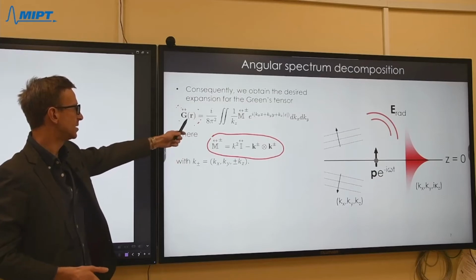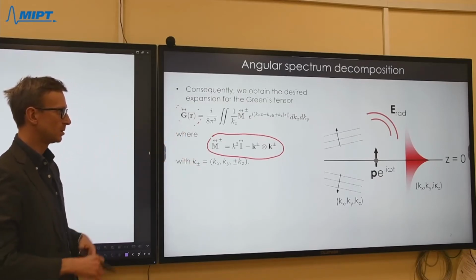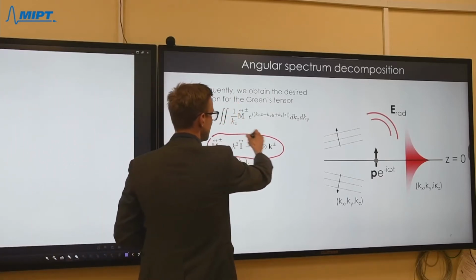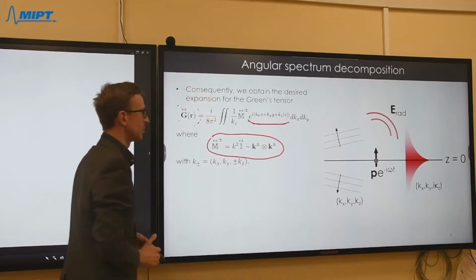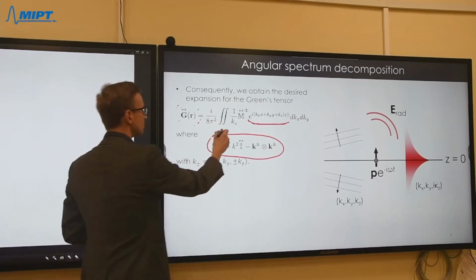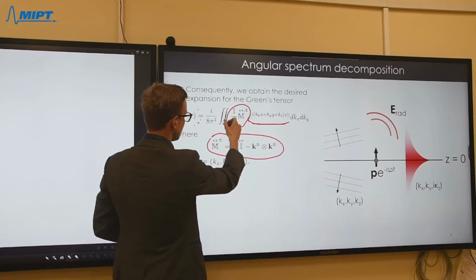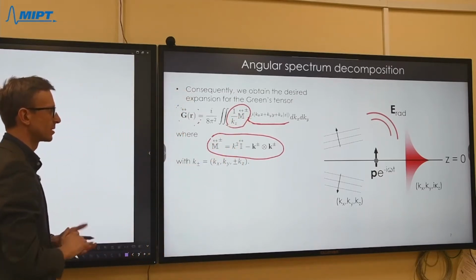This gives us the expansion of the Green's tensor of a point dipole in free space as an integral representation of different plane waves propagating with different wave numbers, in different wave vectors, in different directions, with different weights. And M, along with this factor, determines the weight with which every component enters.